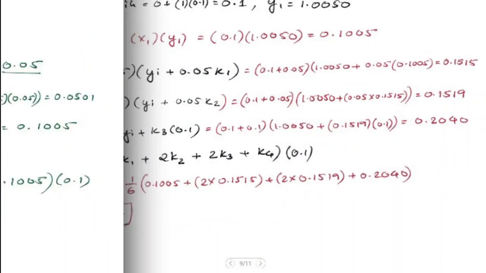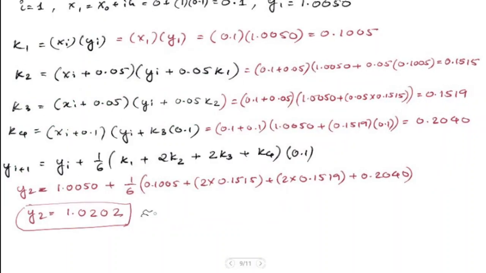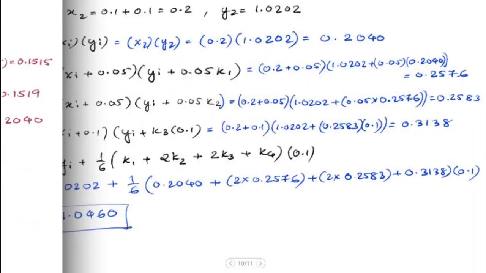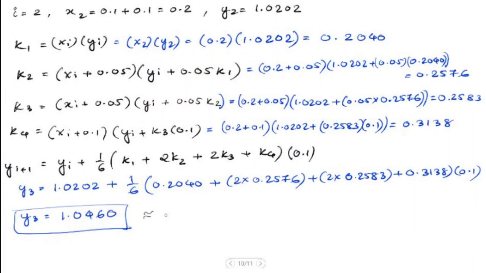Now this one here is for the y at 0.2, and this one here is for y at 0.3. So we need to go ahead and calculate the value for y at 0.4.